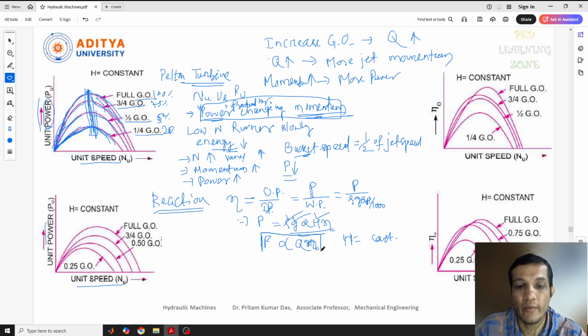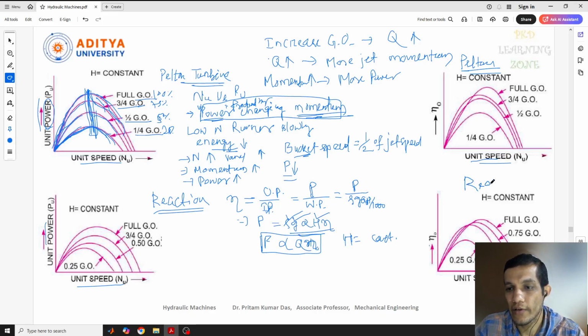So power is directly proportional to Q and efficiency. Here, a similar kind of diagram will be obtained for efficiency also. This is for the Pelton turbine, and this is for the reaction turbine.